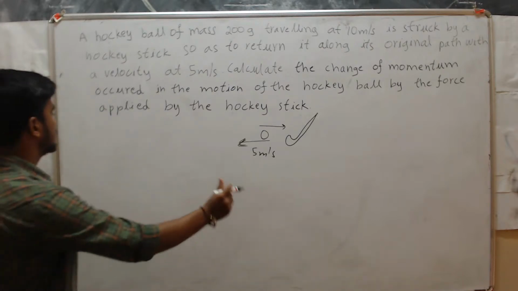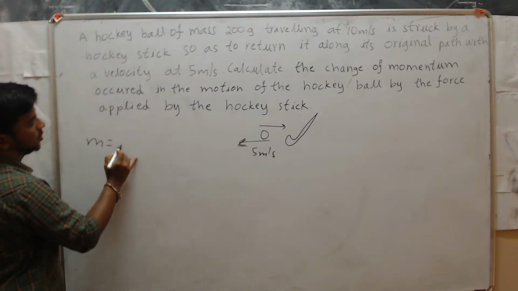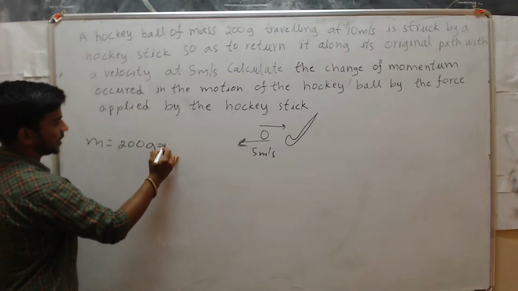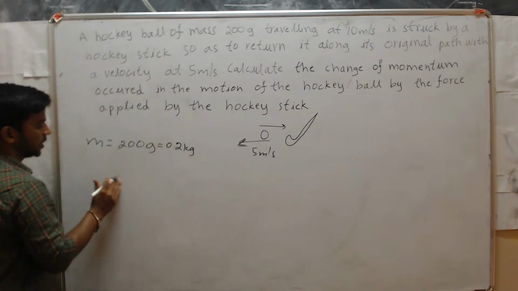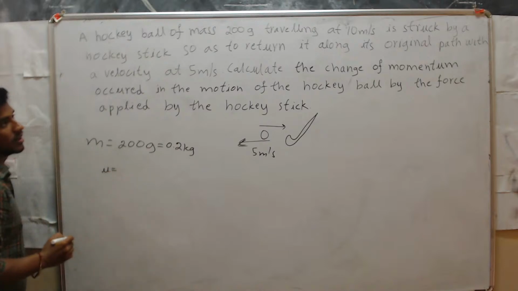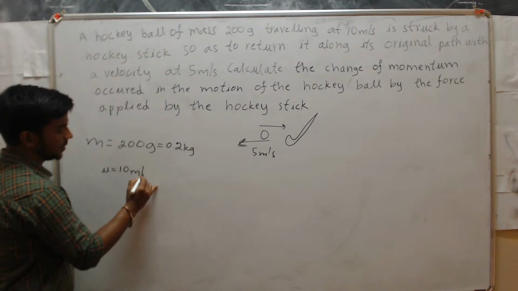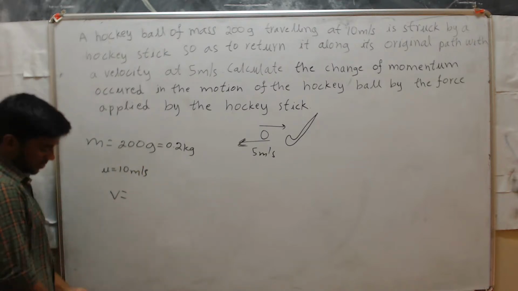Okay, first write the mass. The mass of that object is 200 gram. So convert to kg, that is 0.2 kg. Then its initial velocity, I will take it as u, is 10 meter per second, and its final velocity, I will take it as v.